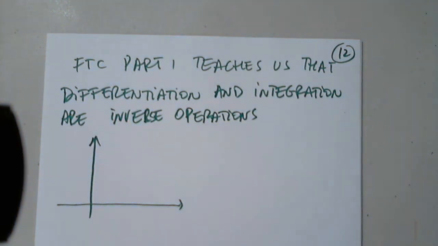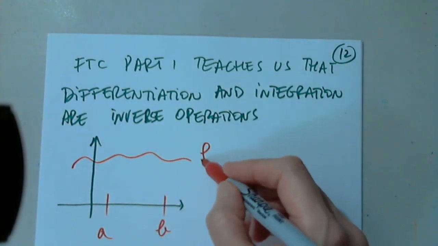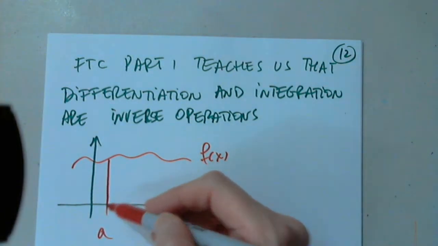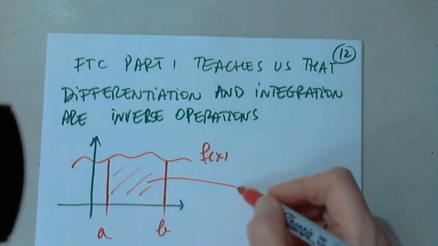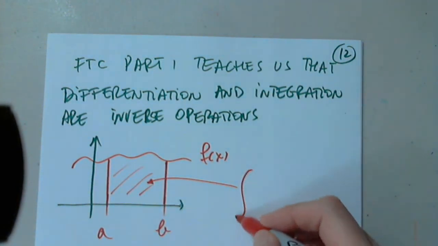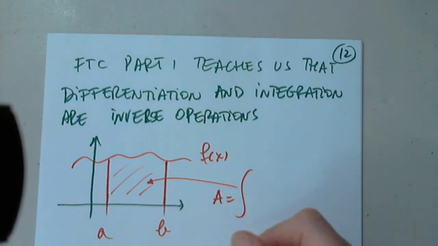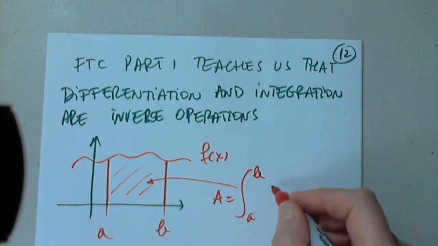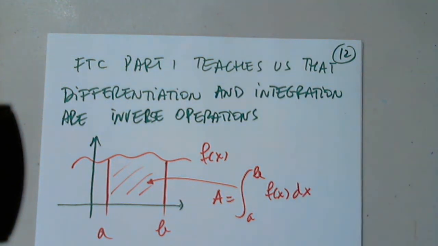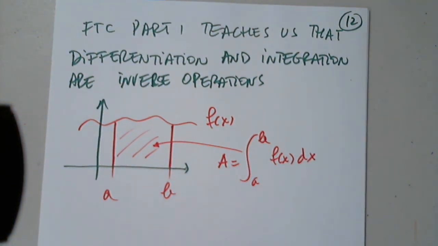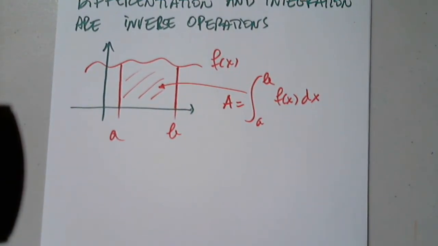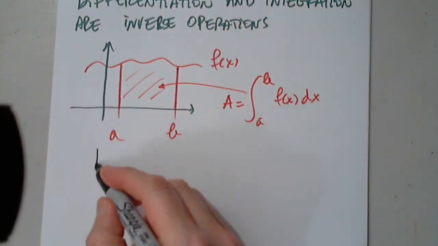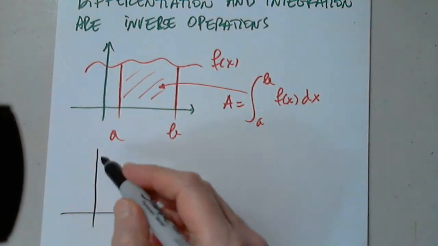Again, our best friend, the function f of x, and the area, of course. So this is the area, the exact area, the definite integral from a to b of f of x dx. Okay, that we know. Now I'm going to change the notation a little bit and graph the same thing again.